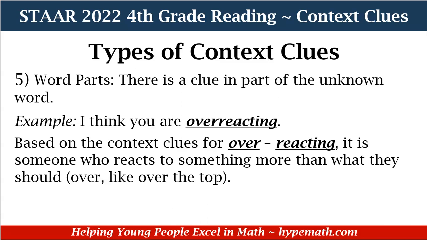We have over, that's our prefix, and that's something that you should do, fourth graders. If it's a big word or a huge word, look for the root word and discover what the prefix, which means the word part before the root word, or the suffix, which means the word part after the root word, to determine what the meaning of the word is.